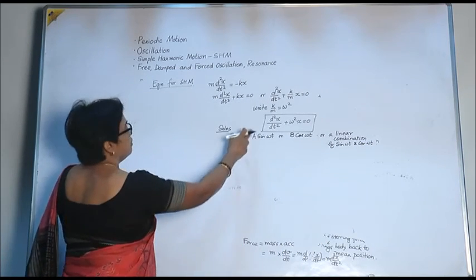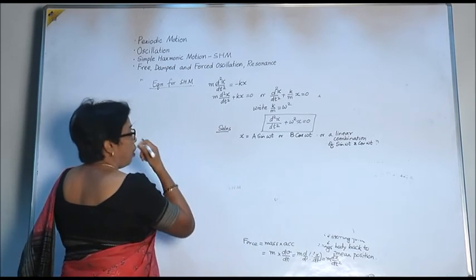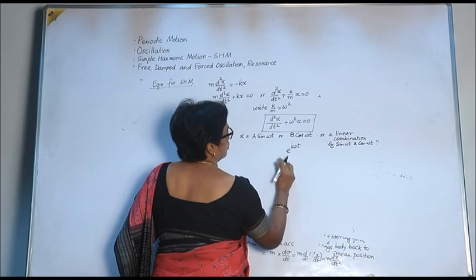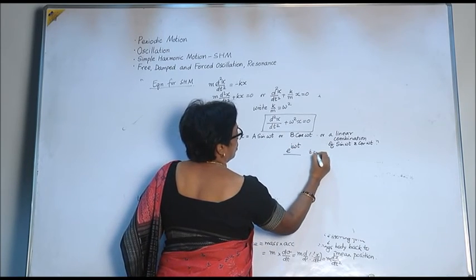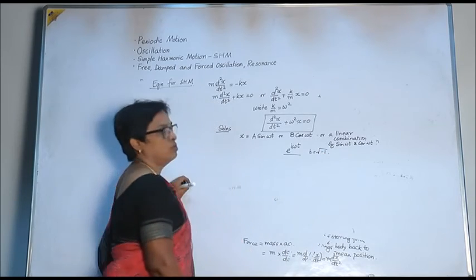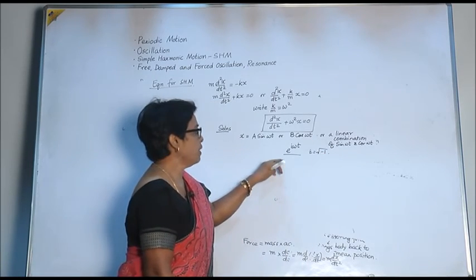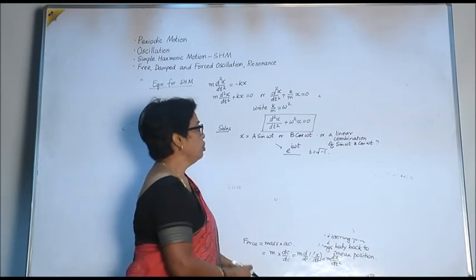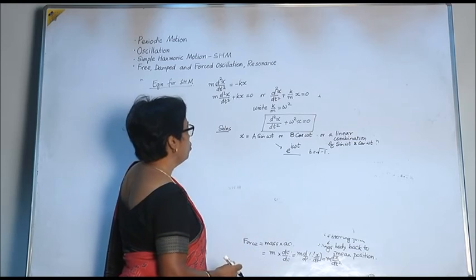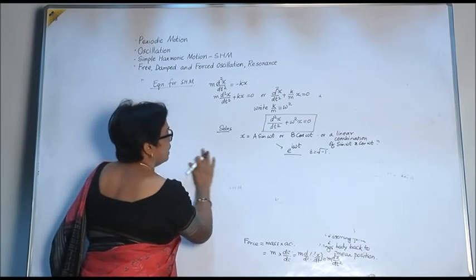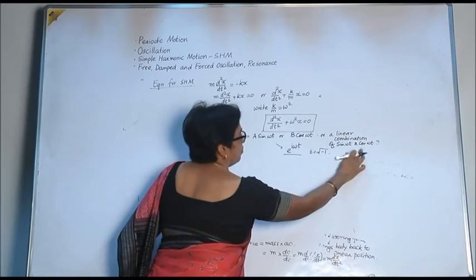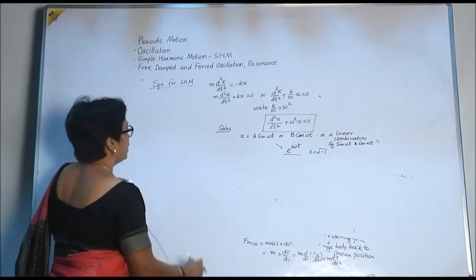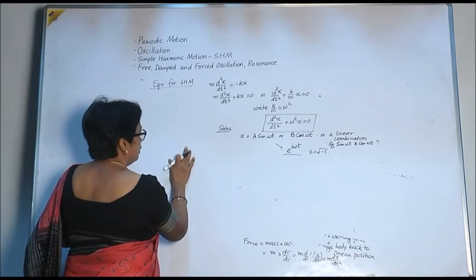These things can also be written as e to the power i omega t. You will read later that i is a complex quantity, iota. So, e to the power i omega t is also a combination of sin and cos. These are the solutions. I have already used x equals a sin (omega t plus phi), because a linear combination is more general, and we found out the velocity and the acceleration.